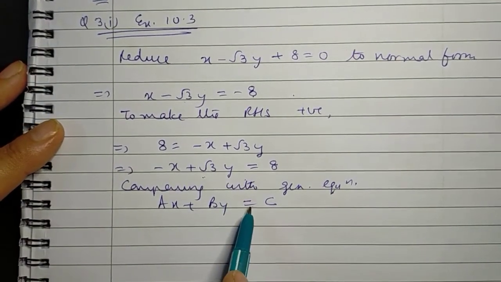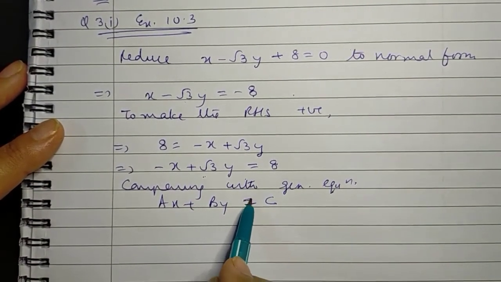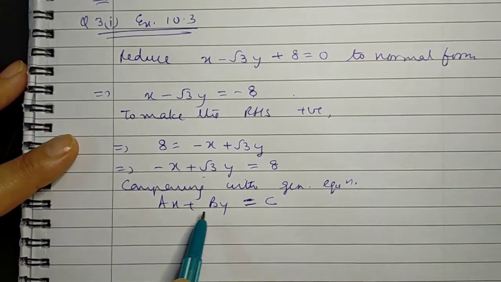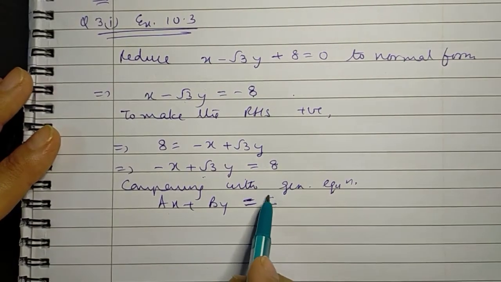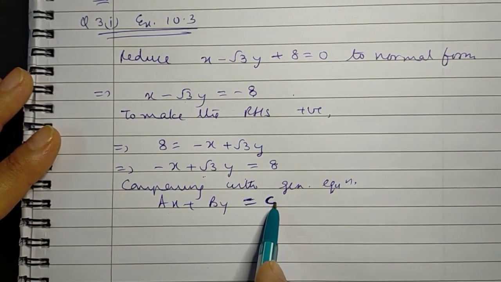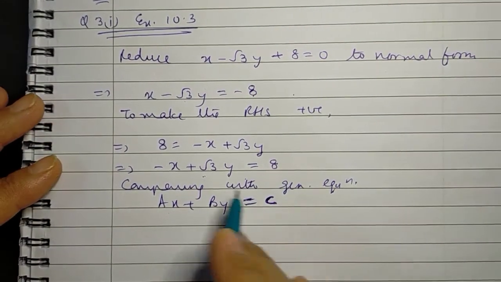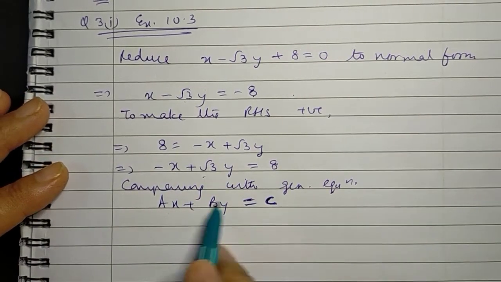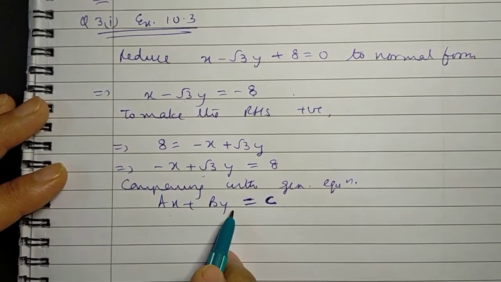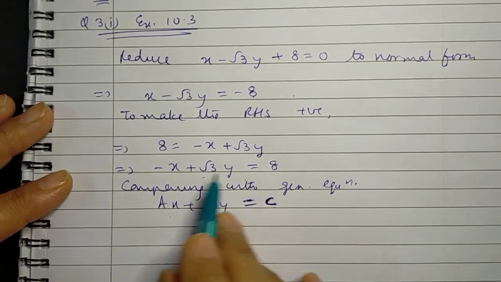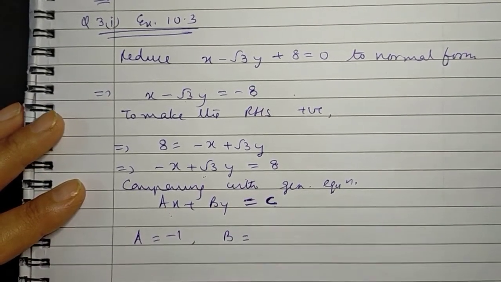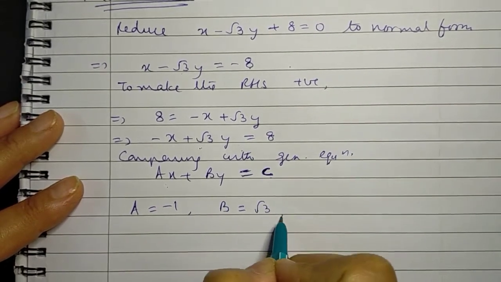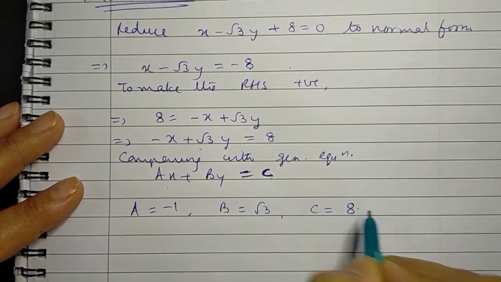Now you will observe that we are writing the general equation as ax plus by equal to c and not equal to minus c, because we want the right hand side to be positive and c is any constant. So we take the general equation in this form, that is ax plus by equal to c. What do we get? A equal to minus 1, b equal to root 3 and c is equal to 8.